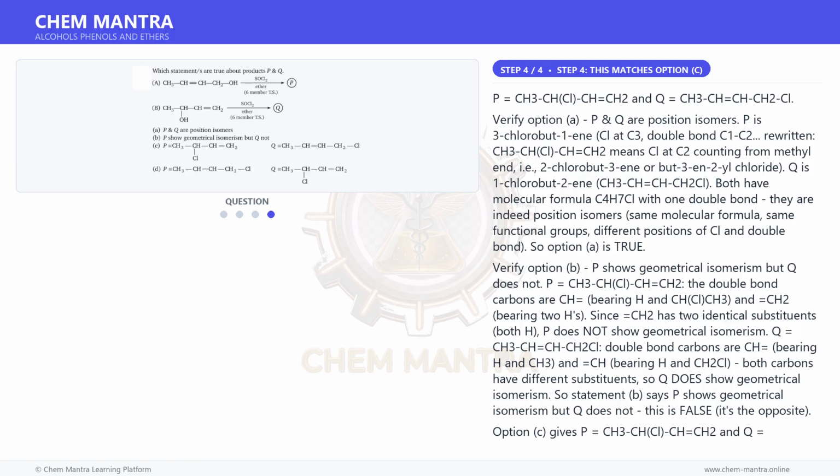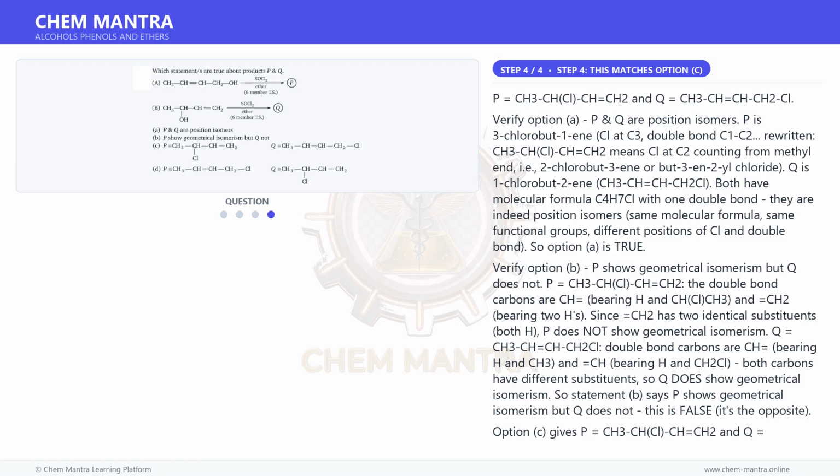Q is CH3-CH=CH-CH2Cl, double bond carbons are CH= bearing H and CH3, and =CH bearing H and CH2Cl. Both carbons have different substituents, so Q does show geometrical isomerism. So statement B says P shows geometrical isomerism but Q does not. This is false, it's the opposite.